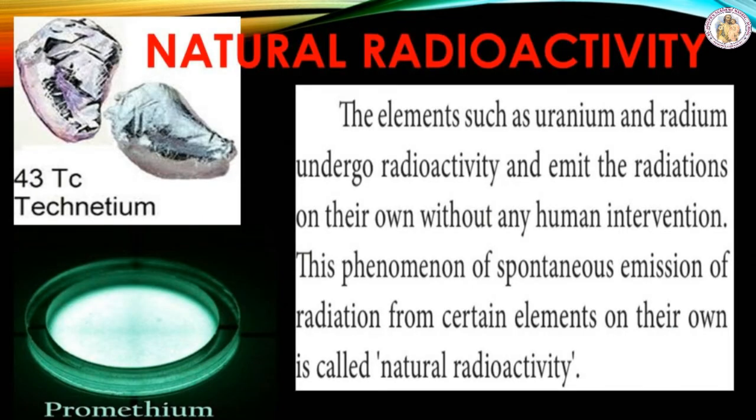Natural radioactivity. Elements such as uranium and radium undergo radioactivity and emit radiations on their own without any human intervention. Naturally they undergo the radioactive decay process, and while doing so they emit radiation without any human intervention.